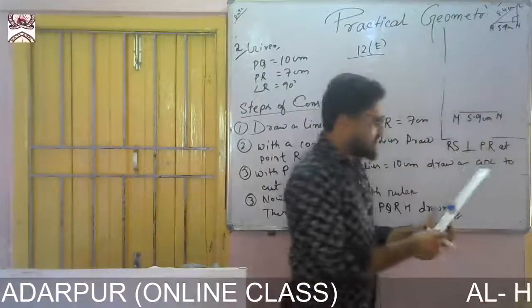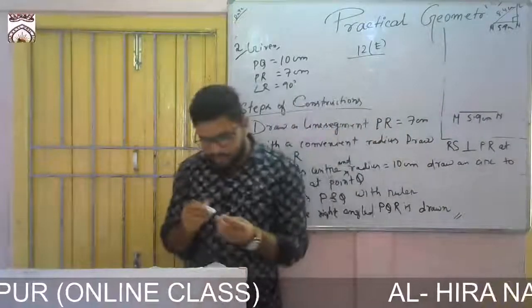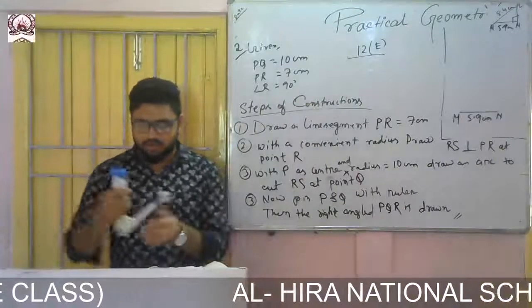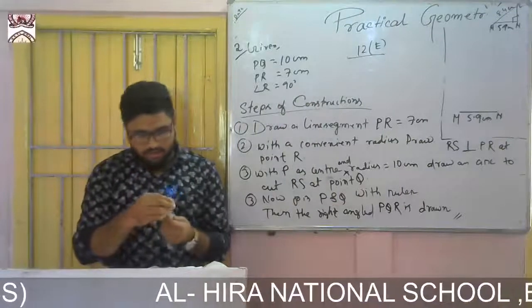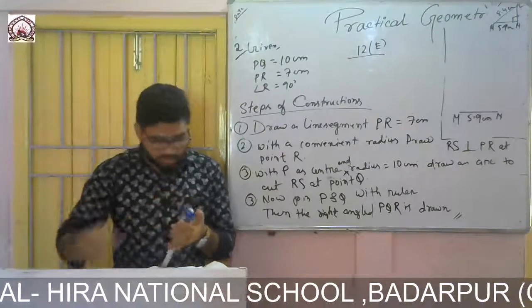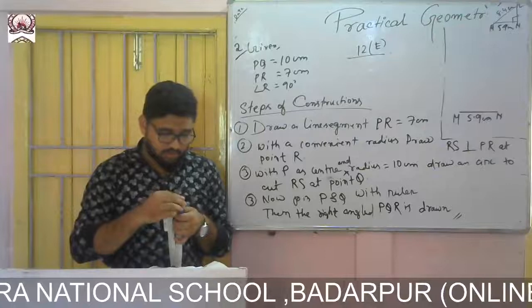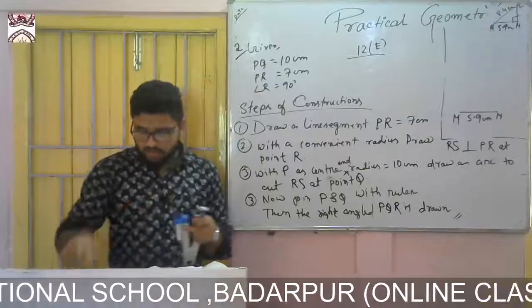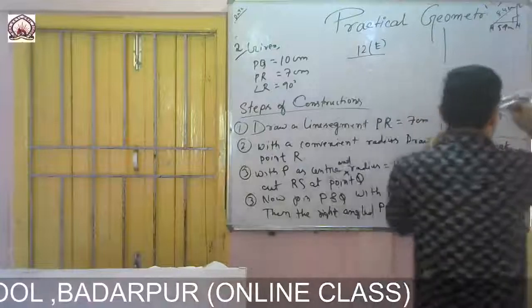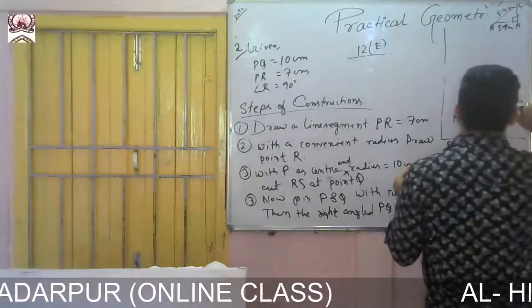5.9 centimeter. Now at N I need to draw 90 degrees. That means at N I need to draw the perpendicular. Take a convenient radius and draw an arc.